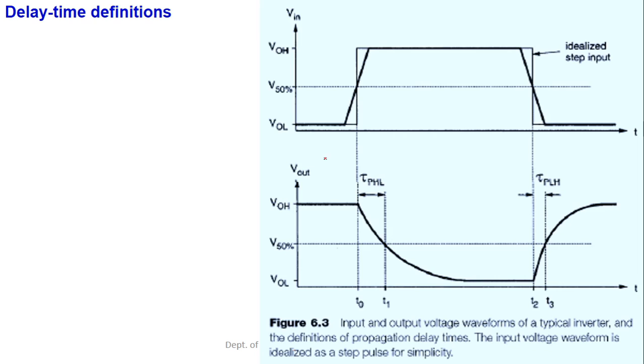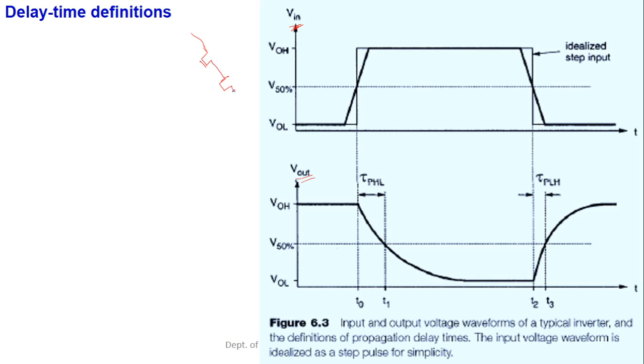Look here, I have shown two graphs. One is the plot for the input voltage, and the other is the plot for the output voltage. Since this is an inverter circuit, let me draw a simple one very quickly.